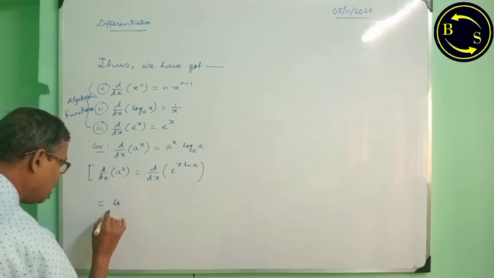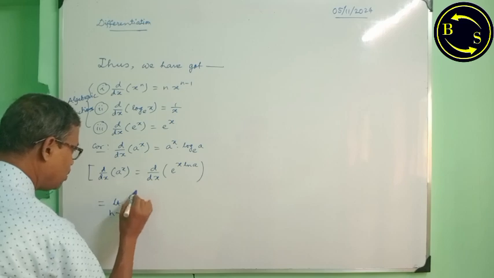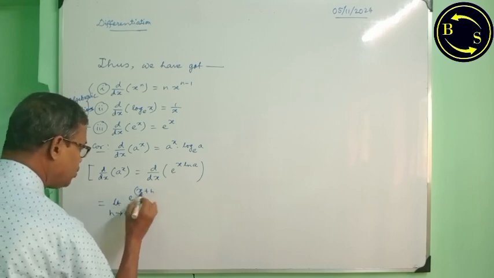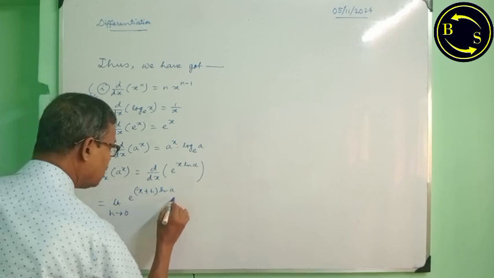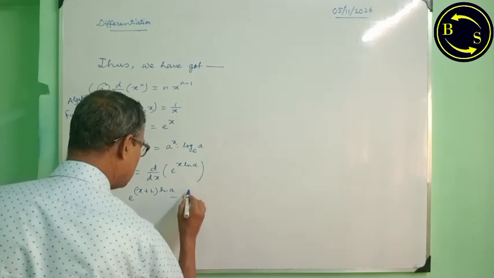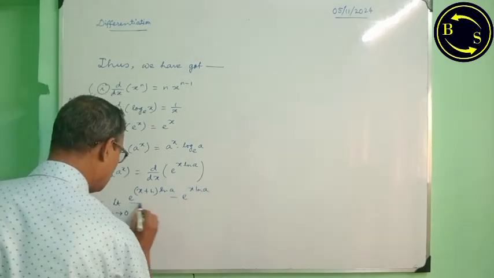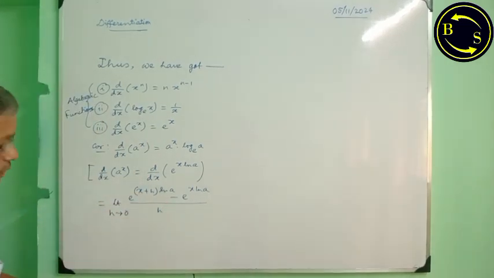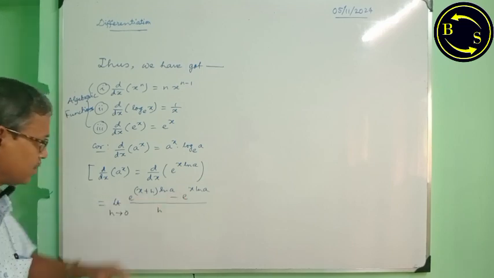Limit h tends to 0, e to the power (x plus h) log a minus e to the power x log a, whole by h. I have used here the definition f(x plus h) minus f(x).